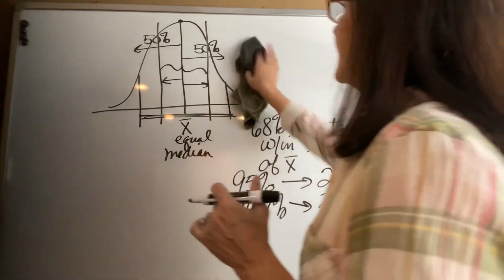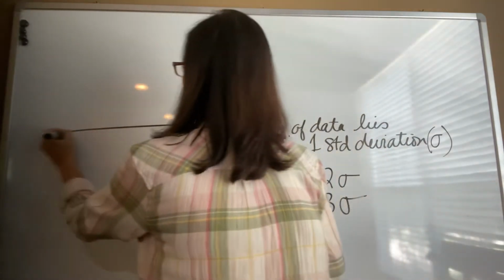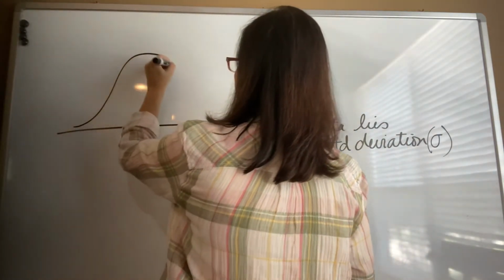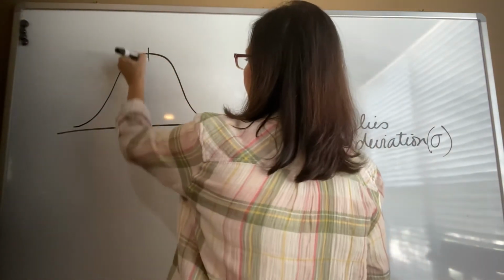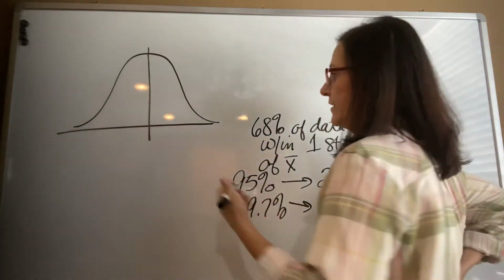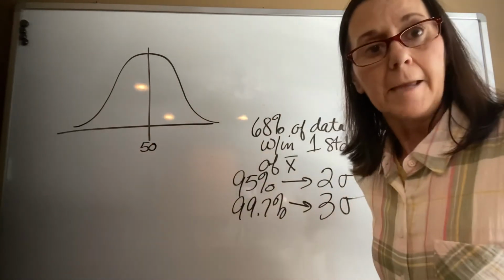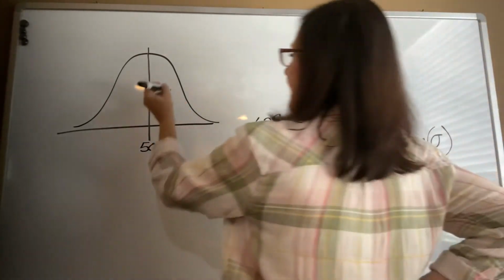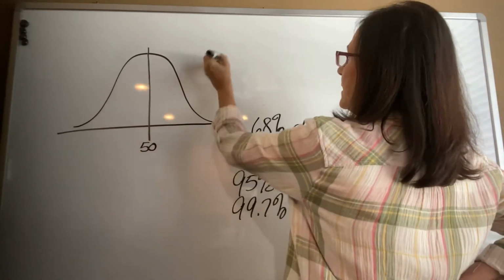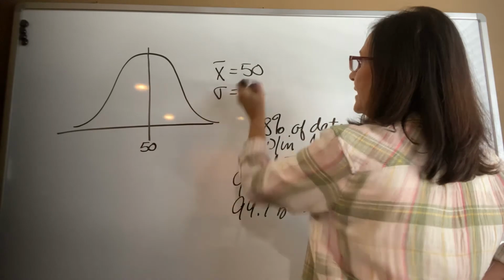So let's look at this with real numbers, okay? If I have a normal curve, all right, and I say that the mean, we're just going to put the mean at some nice even numbers. If I say that the mean is 50 and a standard deviation is 5.